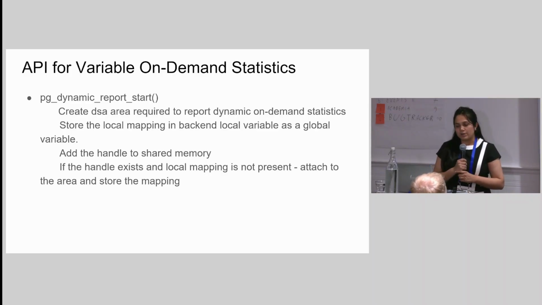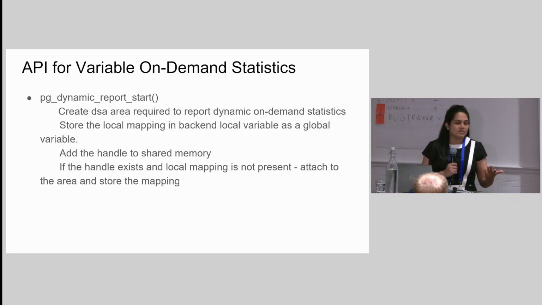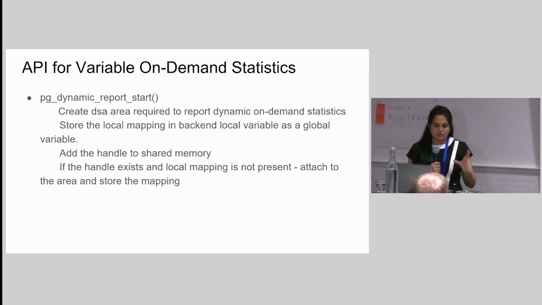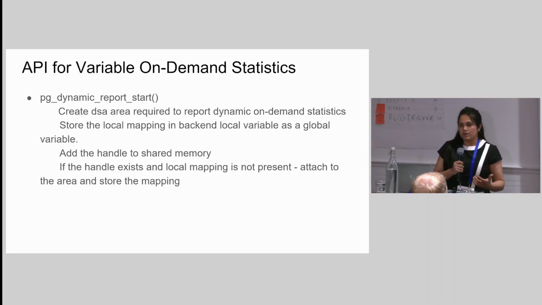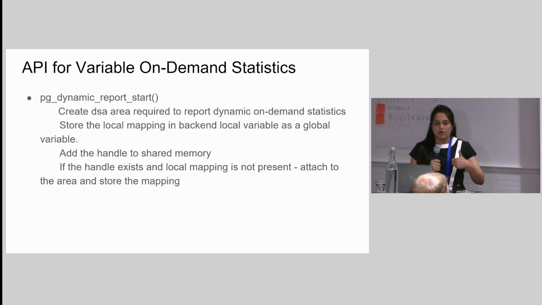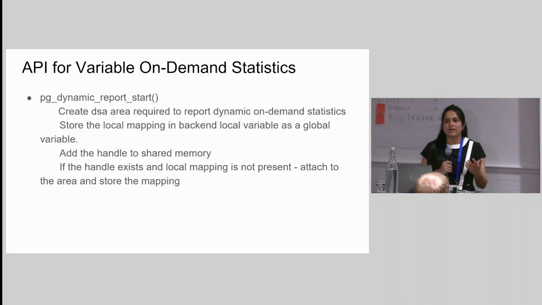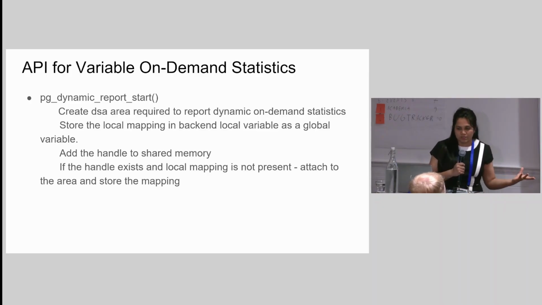So PG dynamic report start. Obviously this needs more thinking, but I just wanted to put it out there that some of these things can be encapsulated into an API. What PG dynamic report start will do is, whenever a Postgres process is queried for dynamic stats, it will go ahead and create a dedicated DSA area for it.